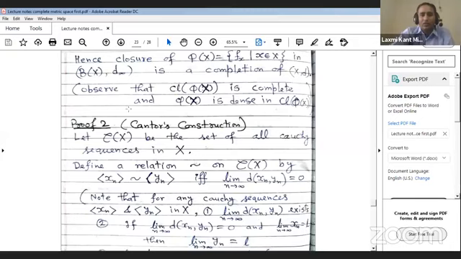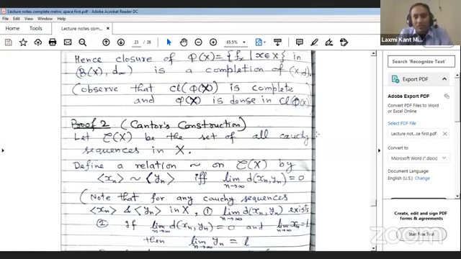For this we have to just observe two things. First, this closure of phi(X) is complete. Second, phi(X) is dense in its closure, since every set is dense in its closure by definition. We have already observed that a closed subspace of a complete metric space is also complete.